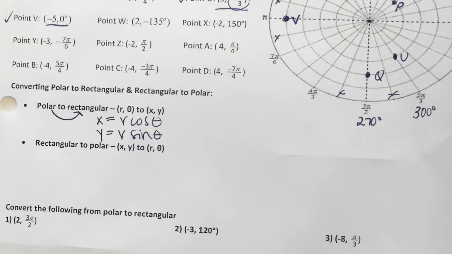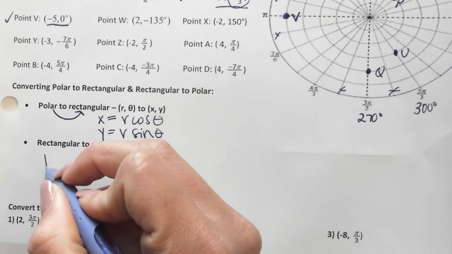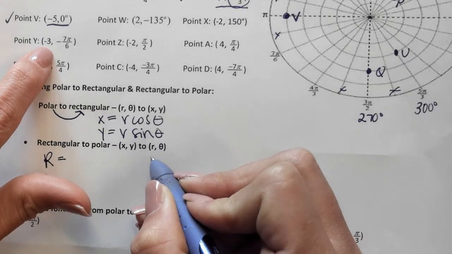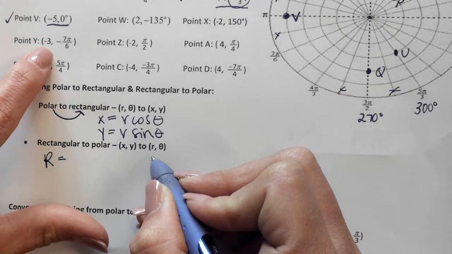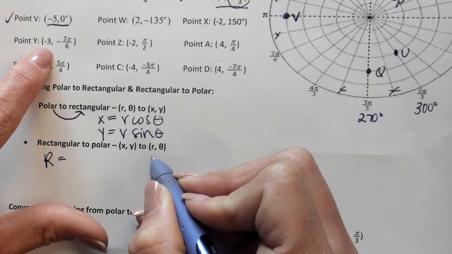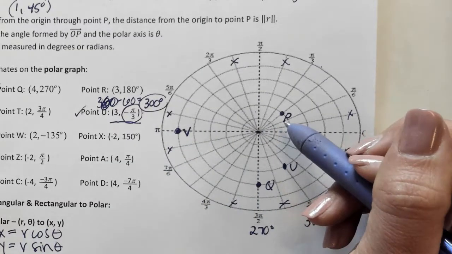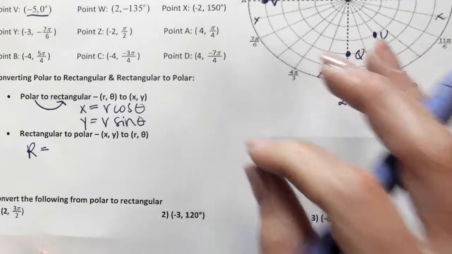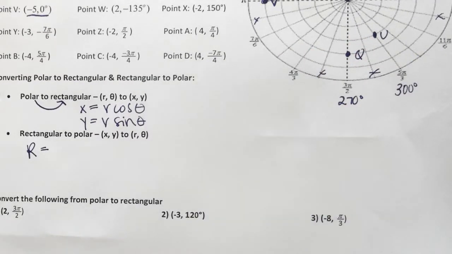Alright, now from rectangular to polar, remember we talked about R, and these was the what? Remember Kelts was just talking about this. R is the same thing as the distance between the origin and that point. So what do we do to find the distance between two points? Distance formula.